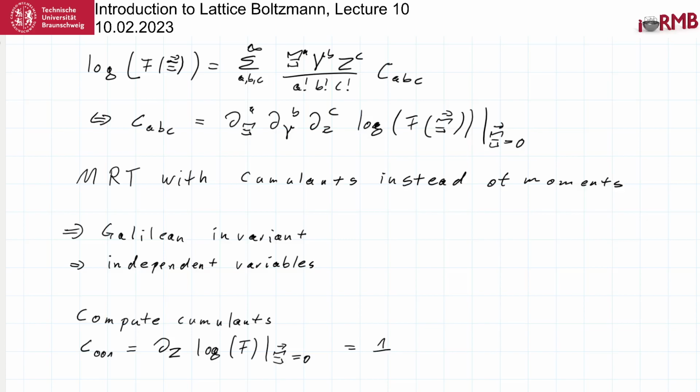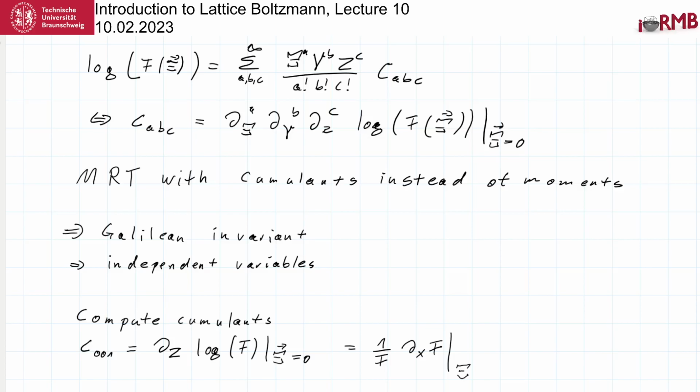The outer derivative of the logarithm is 1 over f, and then we have the inner one that is d_x f. So now, magically, the logarithm is gone, right? We just have a derivative of f, and we know what this is, because this is the definition of moments. So this is the way moments have been defined.